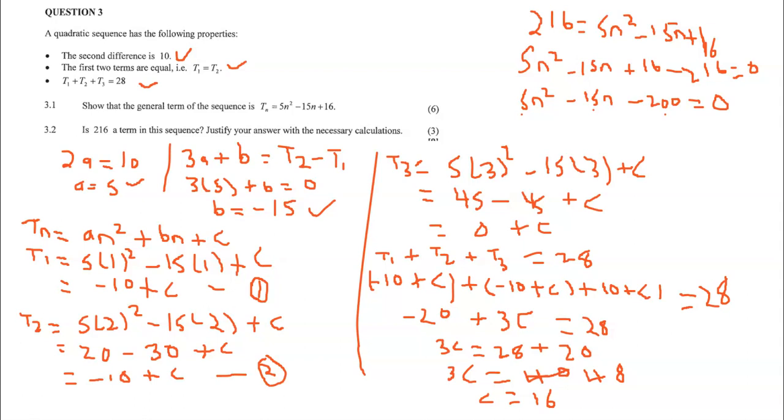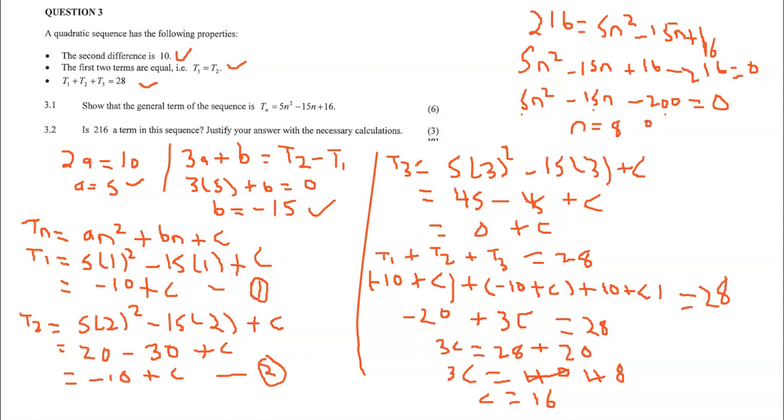So let me quickly put them in the quadratic formula and see which n values I'm getting. The first value I got is n equals 8.